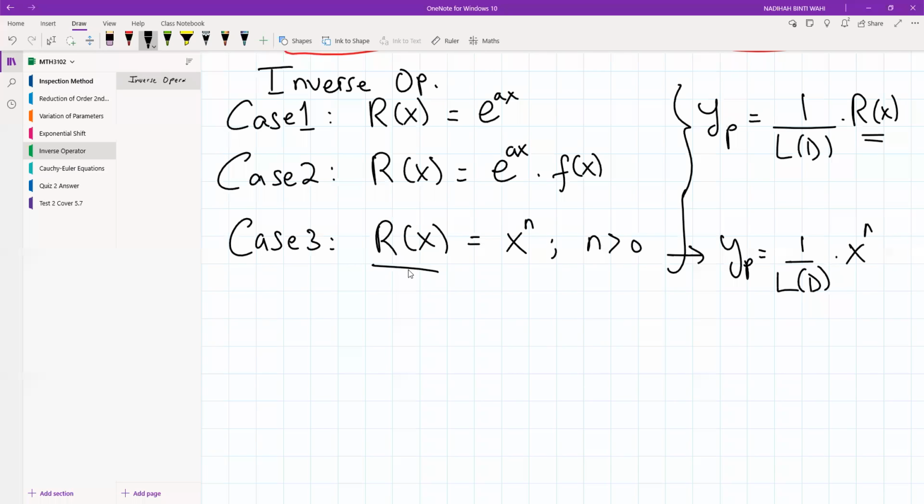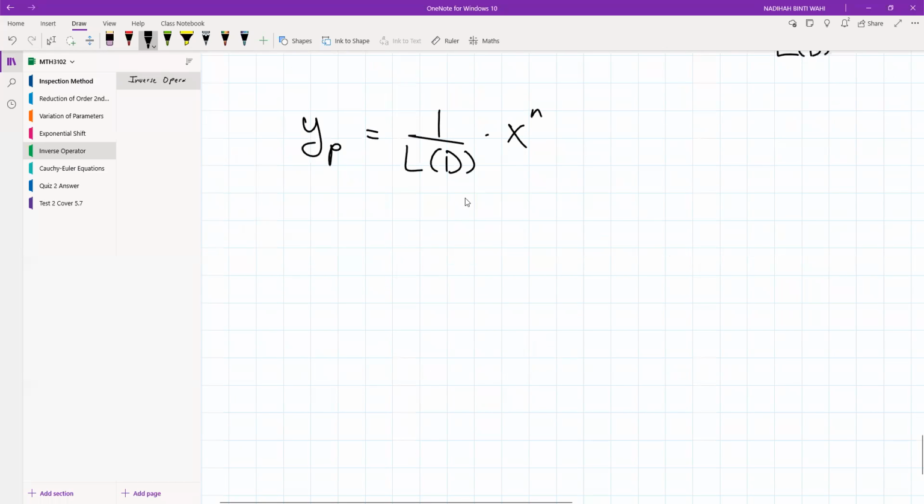Okay, untuk case yang ketiga, we have yp is just 1 over linear operator darab dengan x of n. So untuk evaluate this, you need to expand and substitute. Contoh, saya ada D plus 1 to the power of n.